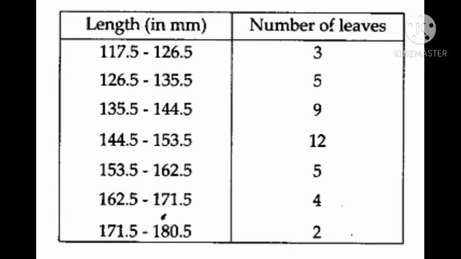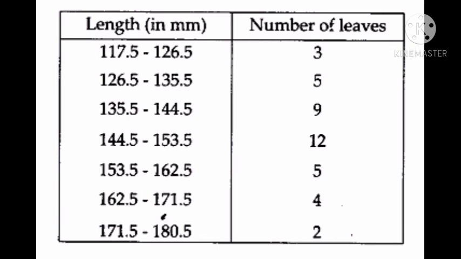The second class interval was 127, so we subtract 0.5: 127 minus 0.5 gives 126.5. And adding 0.5 to 135 gives 135.5.